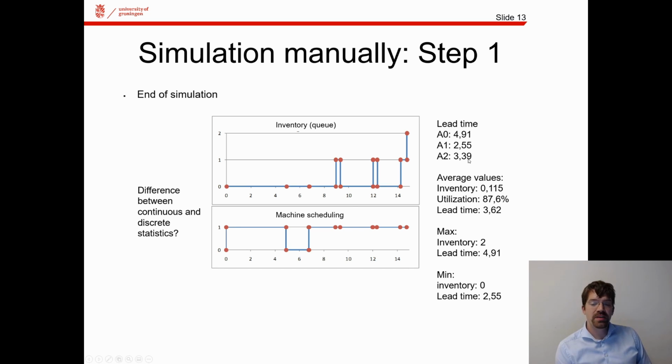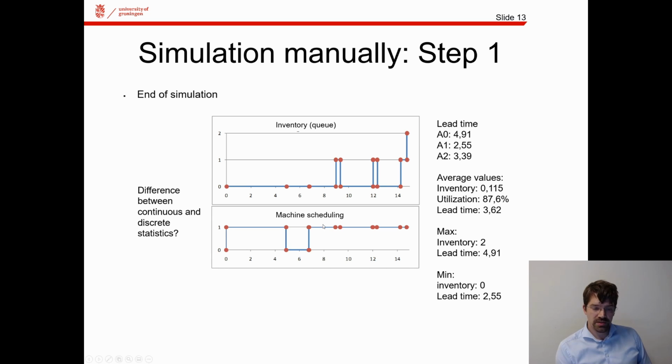So the time itself does not influence the result of the average lead time, because it does not change the result if we know for 10 seconds that A0 has a lead time of 4.91 or if we know it for 10 minutes, for example. So the lead time is not depending on the time.